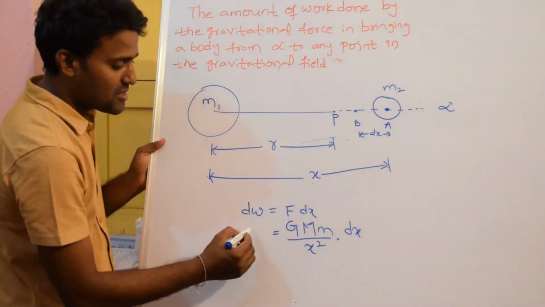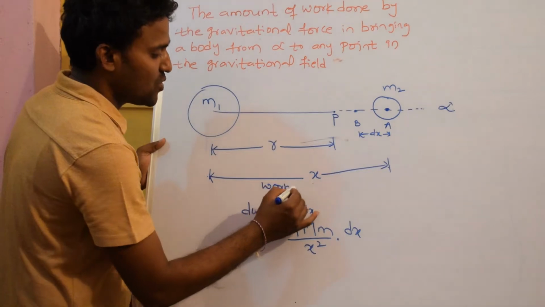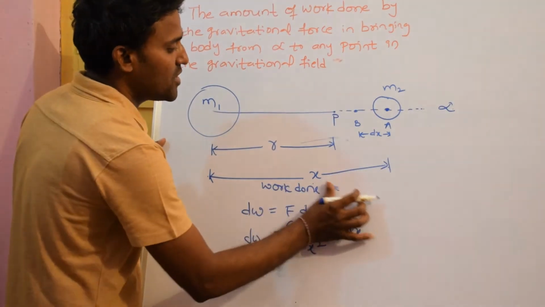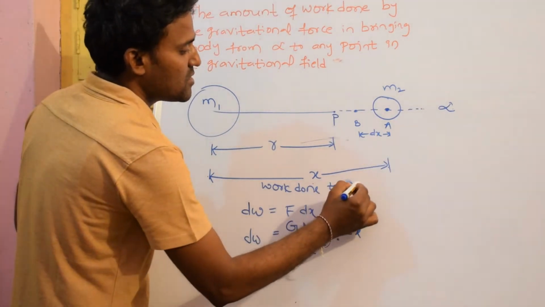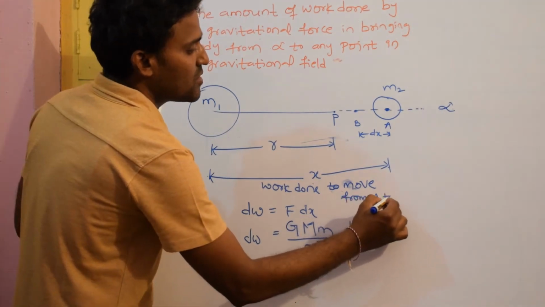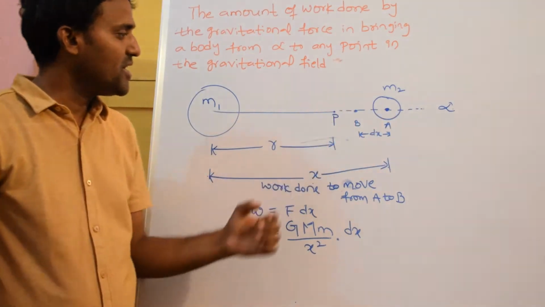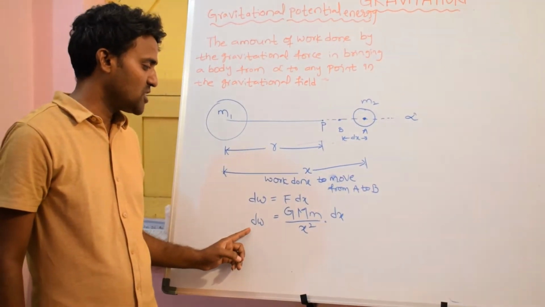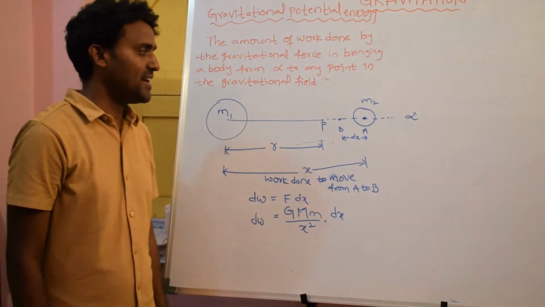This is the work done to move from A to B, that is dW is equal to F into dx, dW is equal to G M m divided by x square into dx.